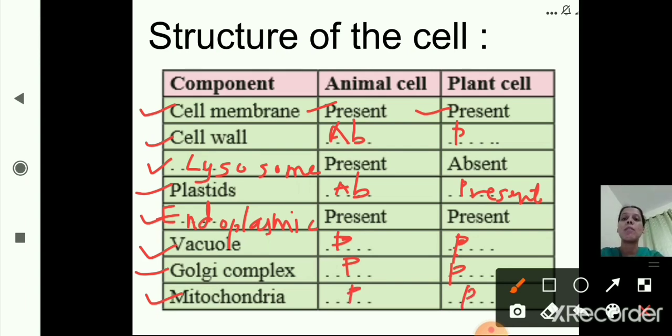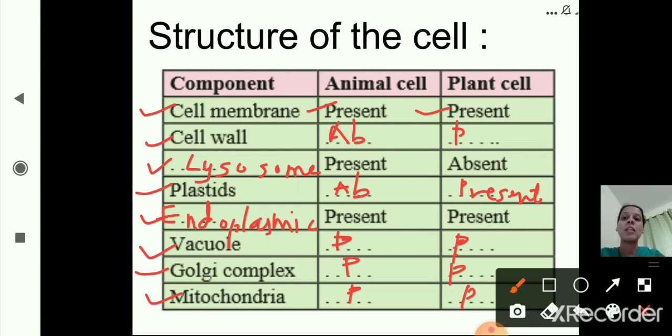So this is the table of structure of the cell. These are the different components and we have to identify whether it is present or absent in plant cell and in animal cell, okay? So cell membrane is present in both plant cell and animal cell. Cell wall is present in plant cell but it is absent in animal cell. Then lysosome is present in animal cell but it is absent in plant cell.